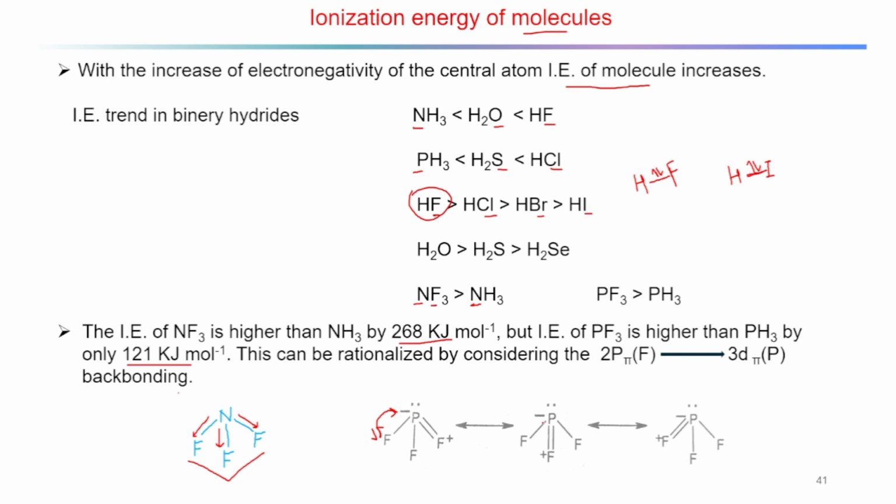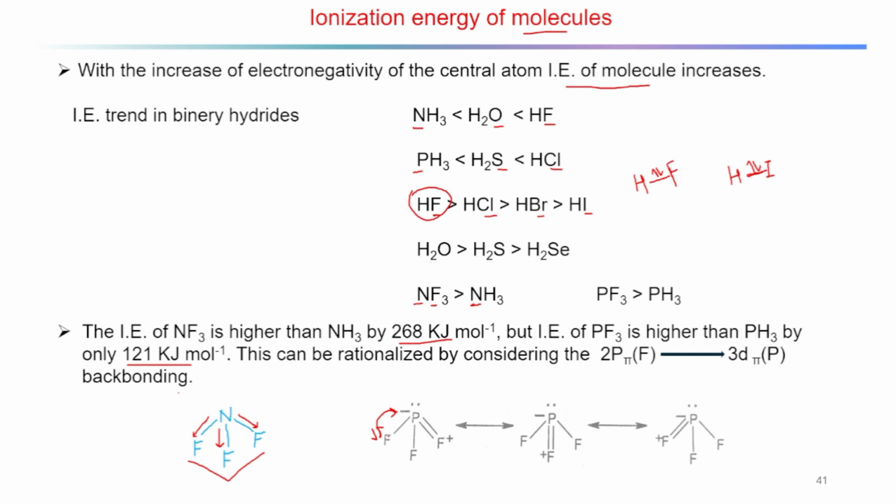Because of this reason, you can see there is a potential negative charge on phosphorus. As it is negatively charged, you can relatively easily take the electron out. In case of NF3, fluorines were holding and dragging these electrons, so when you are trying to remove electrons from NF3, you have to give higher ionization energy, more energy.